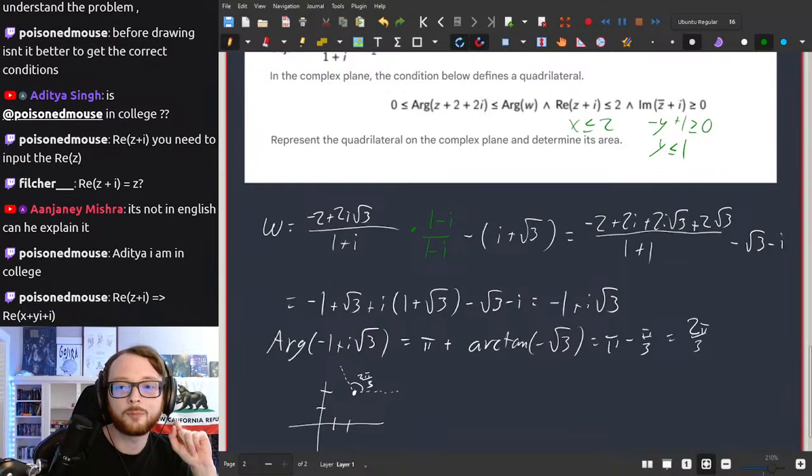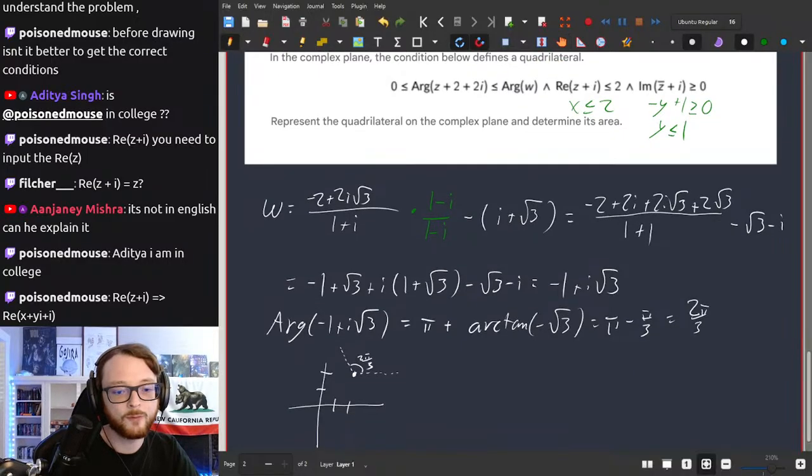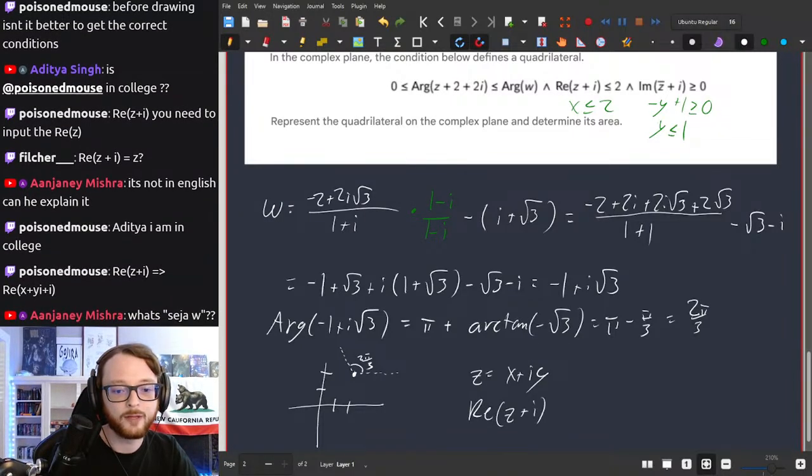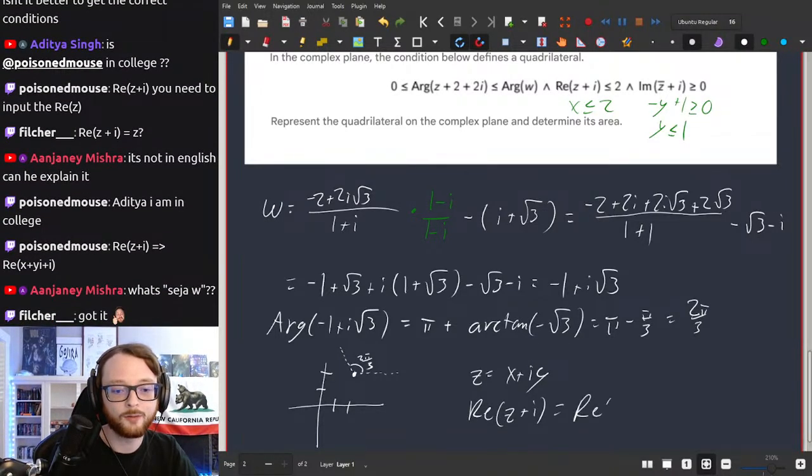The real part of i plus z, it's not quite z, because z has an imaginary piece. Filter, you have to imagine that z is a real part plus an imaginary part. So if you take the real part of z plus i, you'd want to first write it as x plus iy plus i, and then you chop off that piece. Yeah.